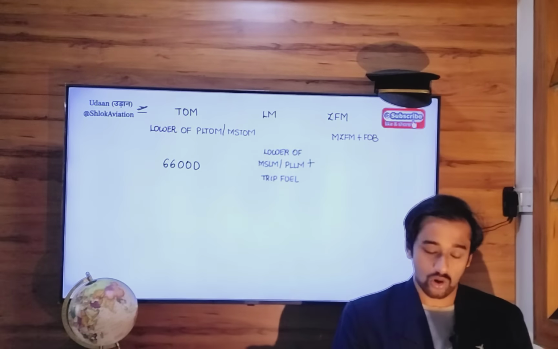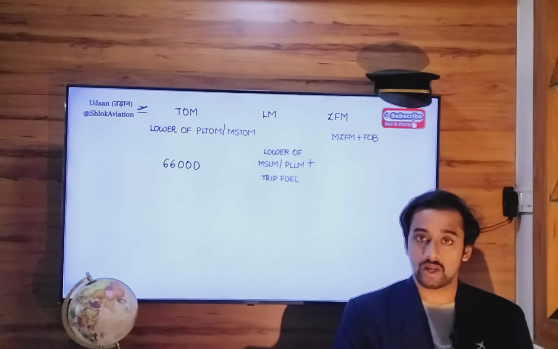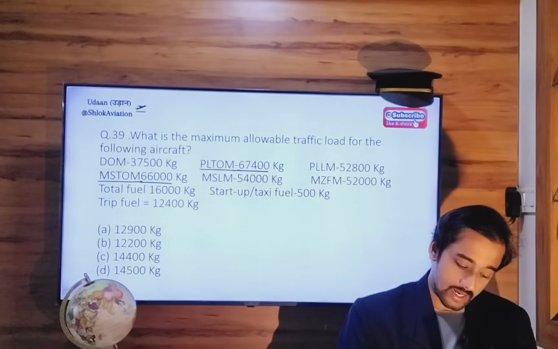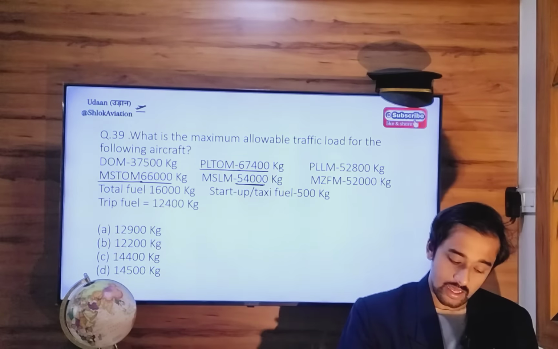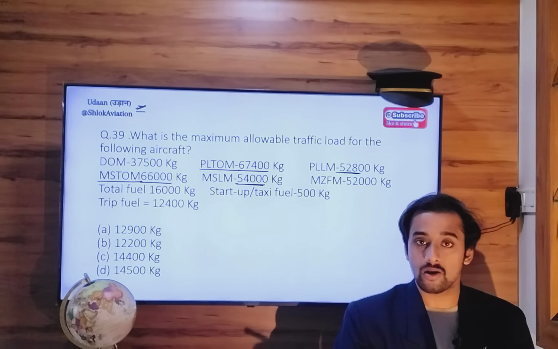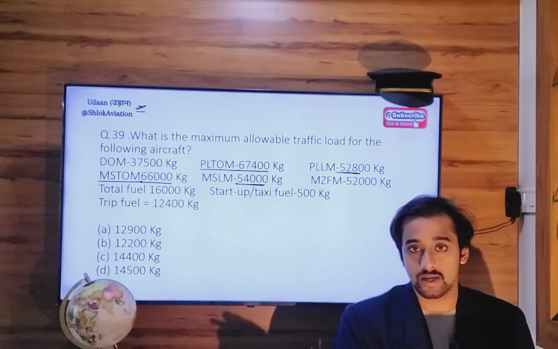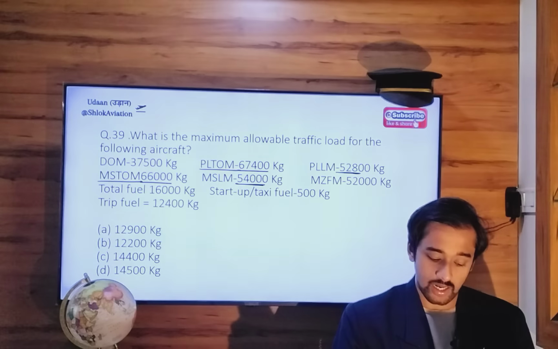In the landing mass column, any value lower of structural landing mass or performance landing mass. Now, structural landing mass is 54,000, performance landing mass is 52,800. Between them, the performance landing mass limitation is lower than the maximum structural landing mass.